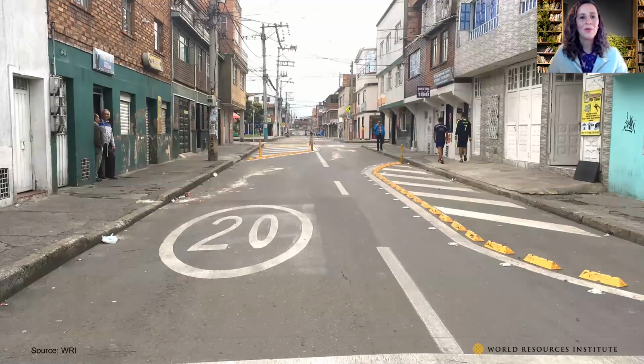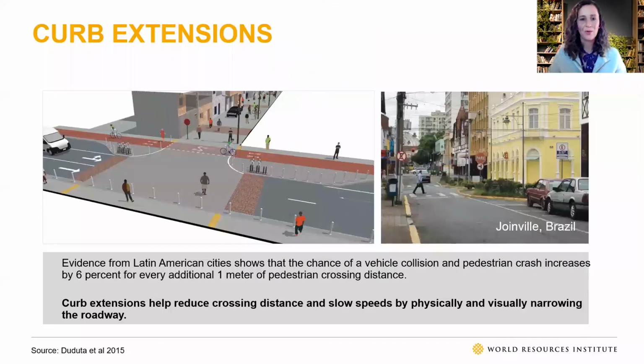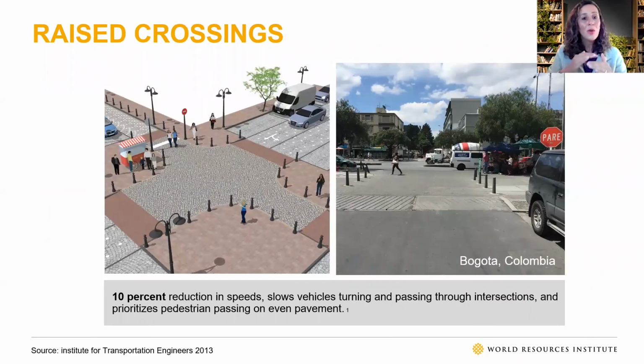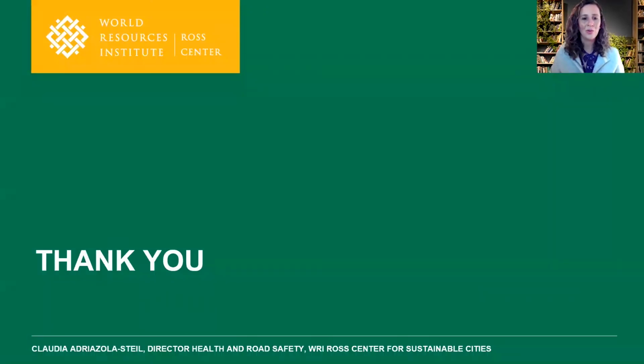This is a real example in the city of Bogota, where they created this slow speed zone neighborhood. You can do curve extensions. You can raise crossings, raise the pedestrian crossings, and so the vehicle feels they are invited to the pedestrian zone, and thus they have to go slowly.